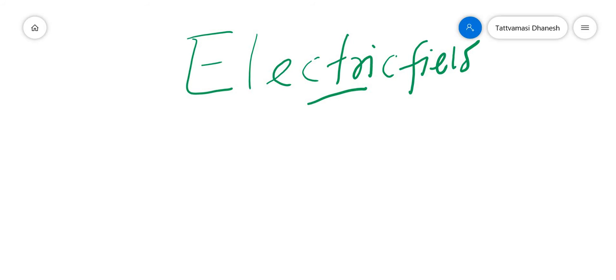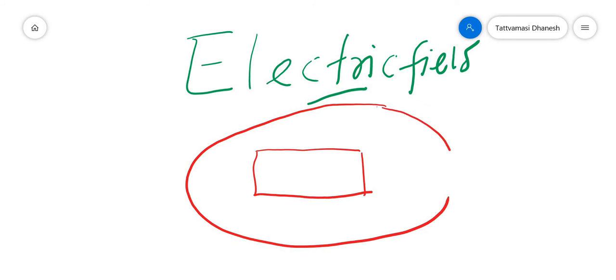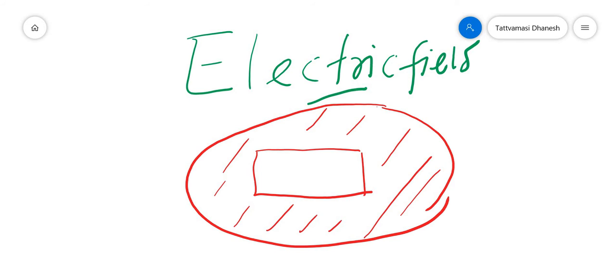If you have a magnet here, in a particular area surrounding it, if we bring another iron piece or another magnet, it starts attracting. So this area we call the field of this magnet. Inside this field, if we bring another magnet, it starts attracting. We call this the magnetic field.